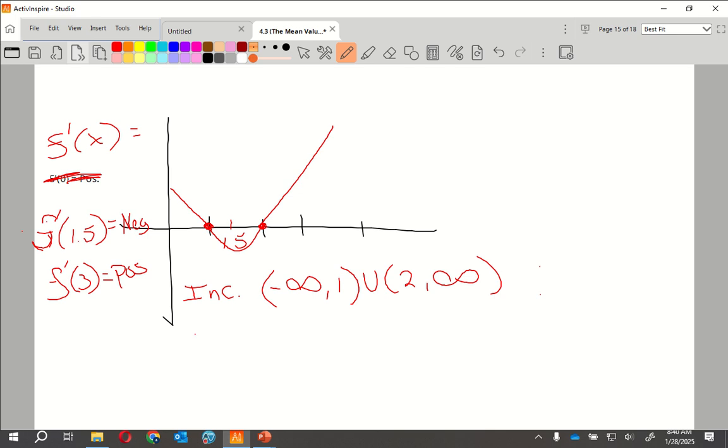It's decreasing from 1 to 2. And all this right here is from my first derivative test.